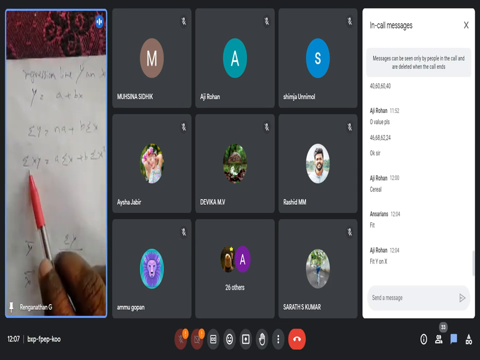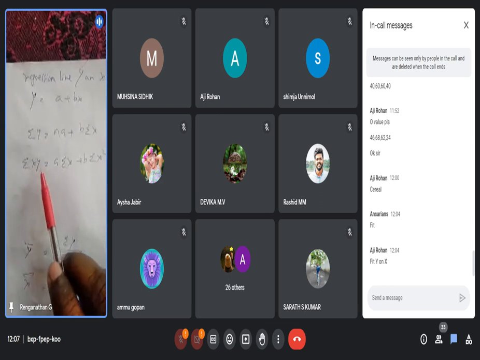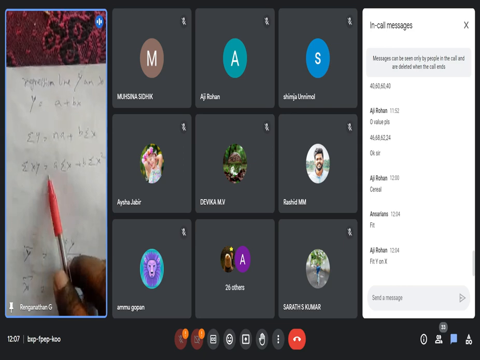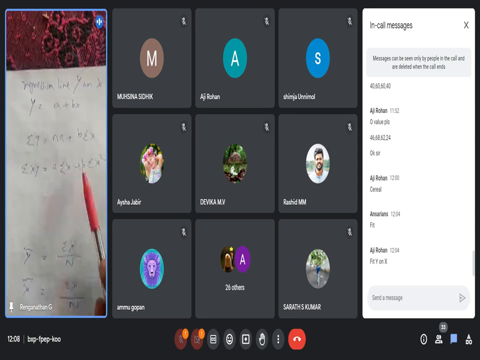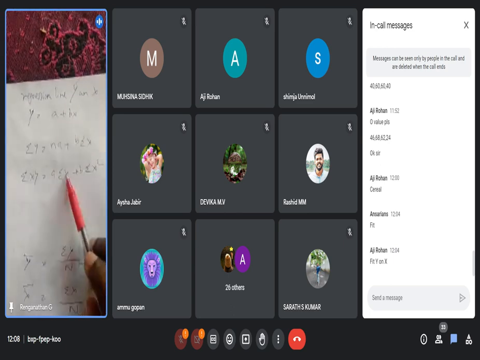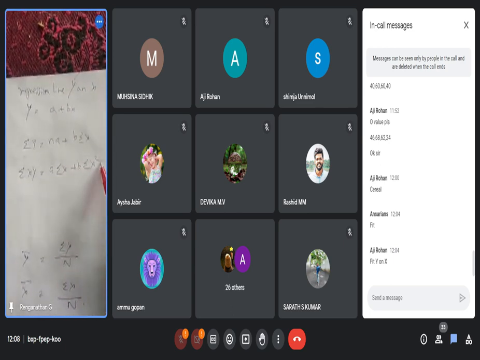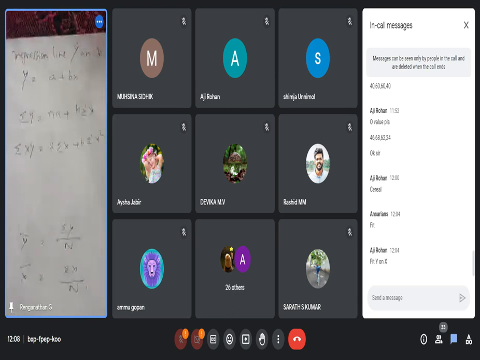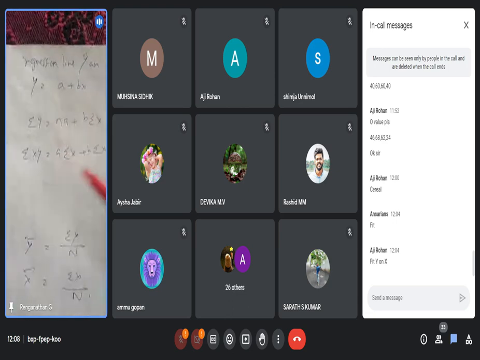The next formula is sigma xy is equal to a sigma x plus b sigma x square. I think all of you finished writing this formula.